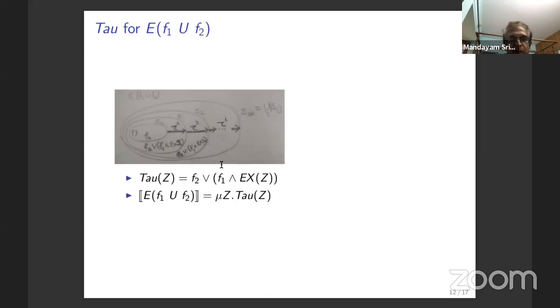So I'm claiming here, computing it as a least fixed point operation involves adding things, because you're taking the union. Whereas the greatest fixed point is usually computed on a descending chain, and a descending chain usually takes away elements. Each time you apply tau, it gives you something smaller.